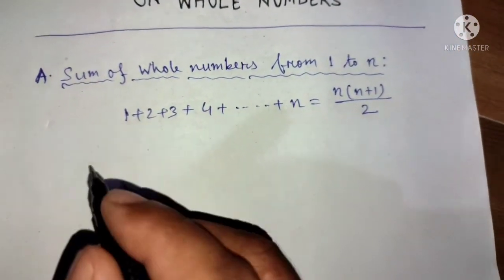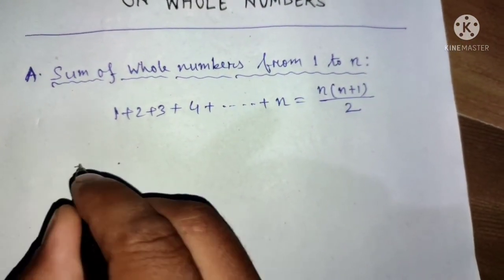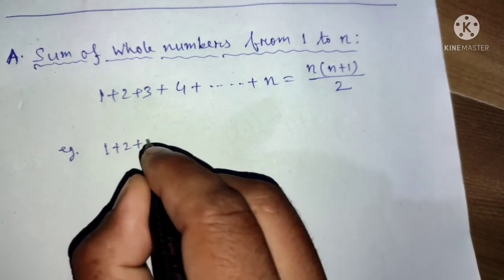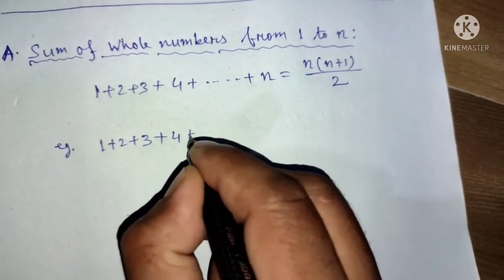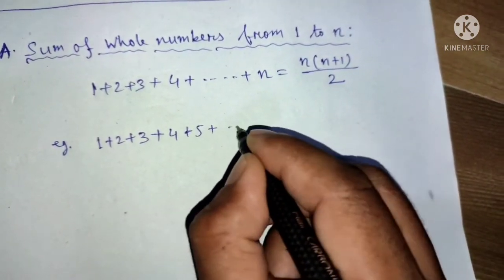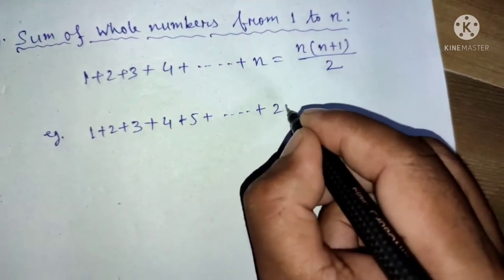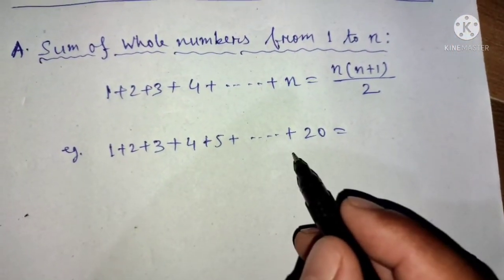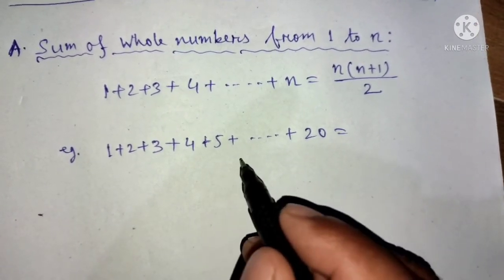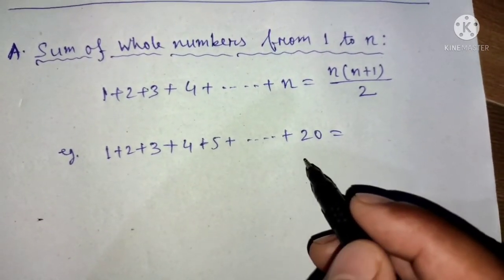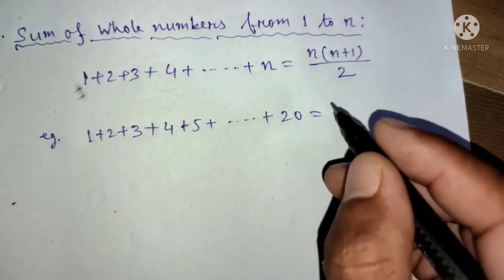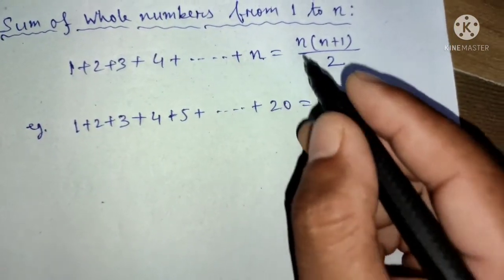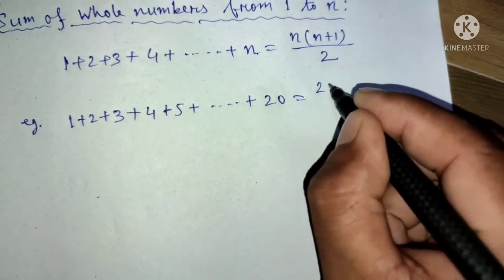For example, if we need to add numbers, say 1 plus 2 plus 3 plus 4 plus 5 plus ... up to, suppose you can take 20. If such numbers are given and we need to add all of them up to 20, then by using this formula, in place of n we put 20.